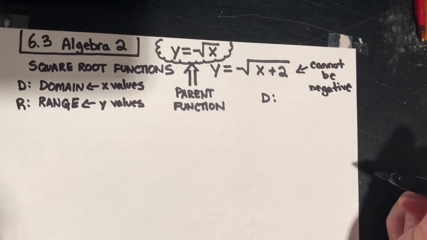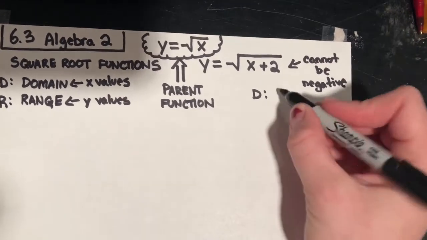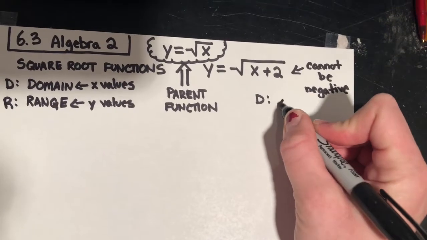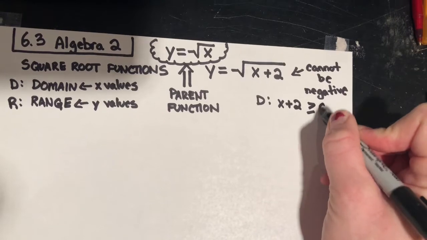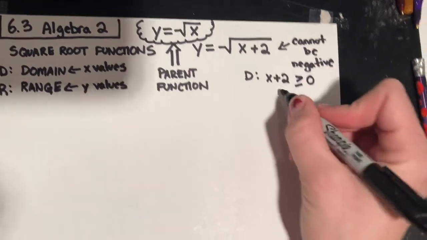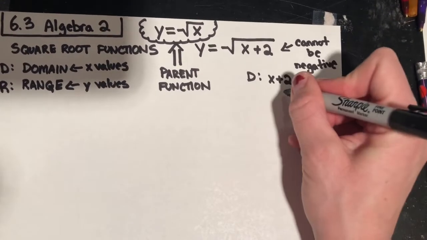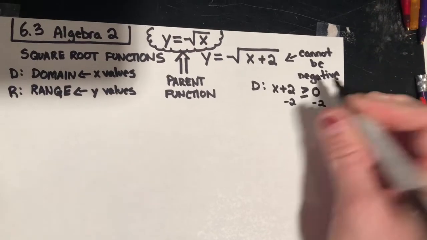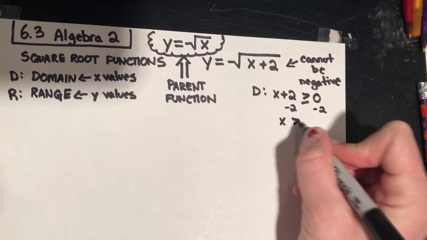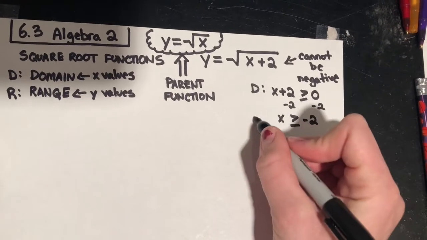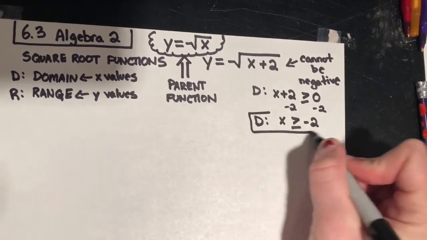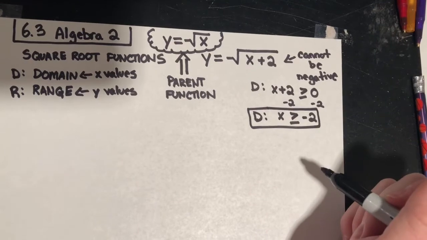So if that cannot be negative, we have to find where x plus 2 has to be greater than or equal to 0. Solving for our domain, we subtract 2 from both sides, and we have x is greater than or equal to negative 2. And that is our domain of our function.